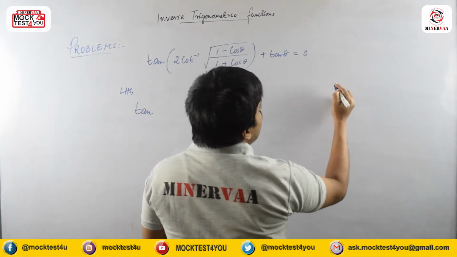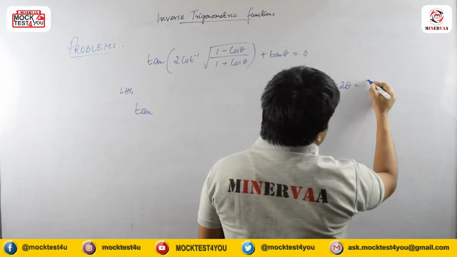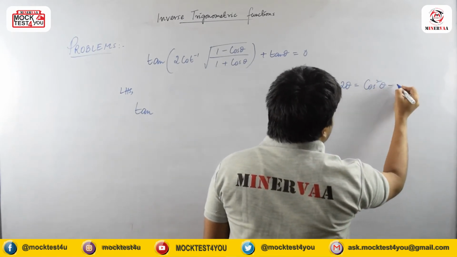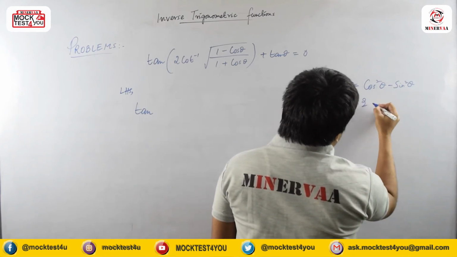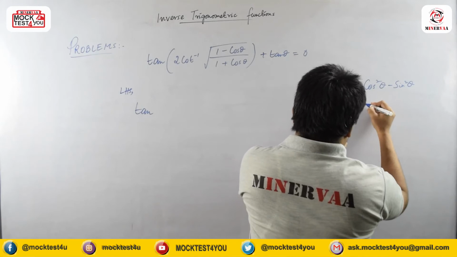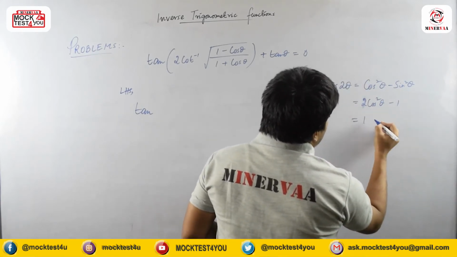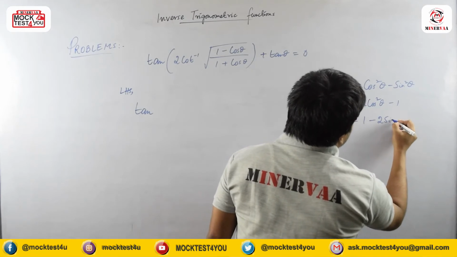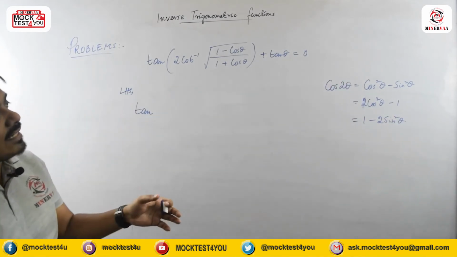Now looking at this one, we can remember the formulas from class 11. Cos 2 theta had 3 formulas. The first one was cos square theta minus sin square theta. The other one was 2 cos square theta minus 1. Then 1 minus 2 sin square theta. These are the 3 formulas which you have learned in class 11.